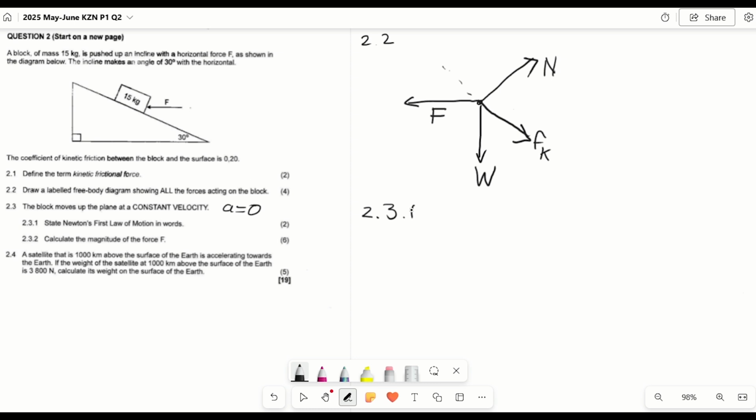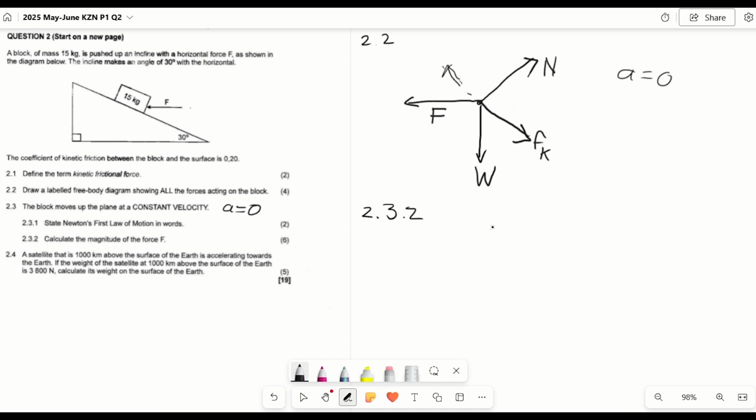So 2.3.2, we then have to calculate the magnitude of the force F. So we were told that the block moves up the plane at a constant velocity, in that direction, at an acceleration of 0.